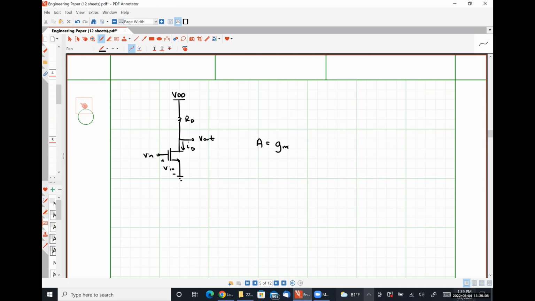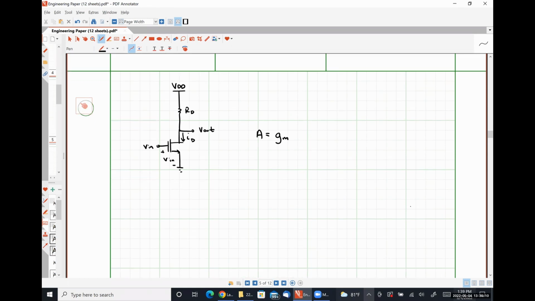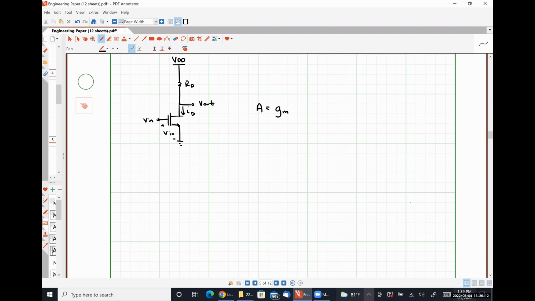Well, if we were to include a degeneration resistance, so let's call this RD.